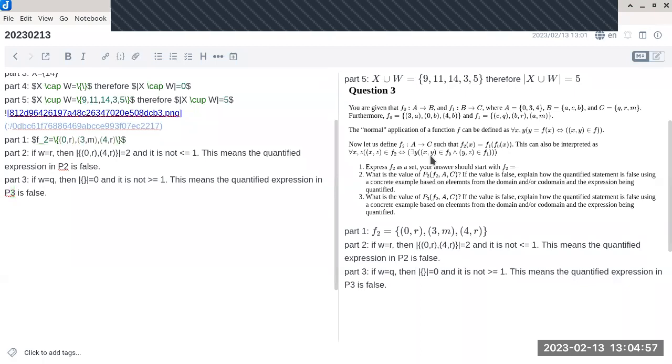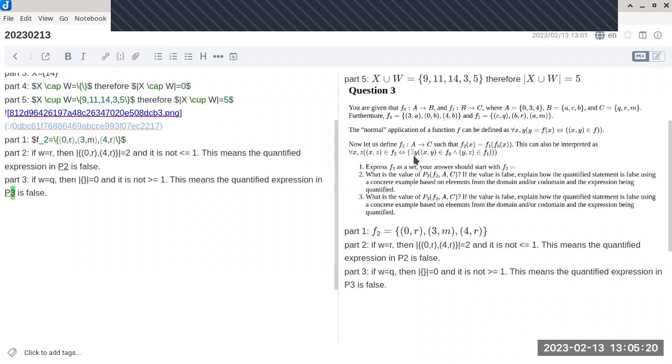There are only so many things I can consider, because xy being an element of F0 means I only have three choices. F0 has 3a, 0b, and 4b, and this y is the second element. So I can only have three of these things to consider.